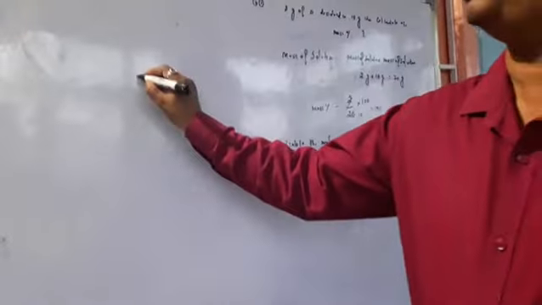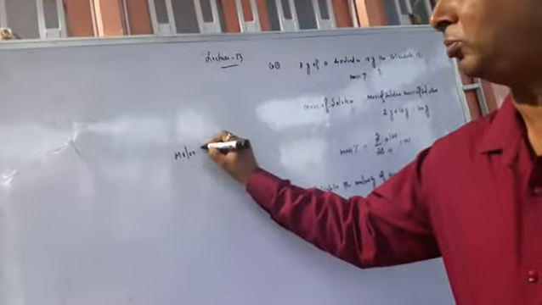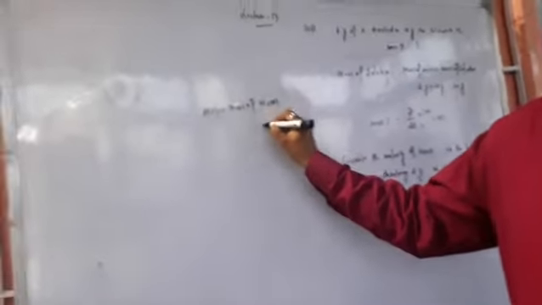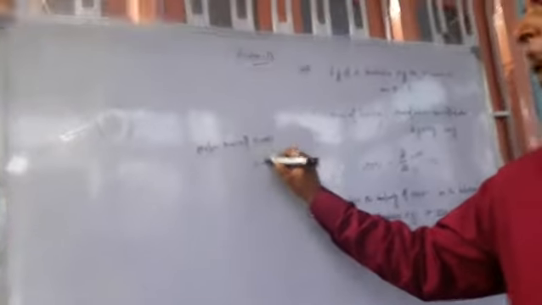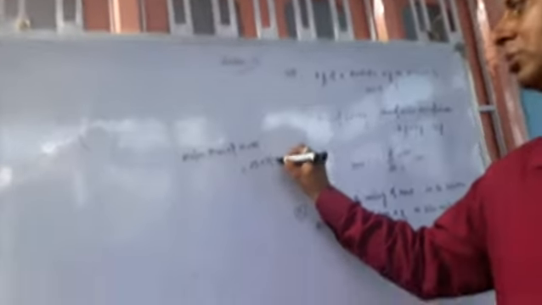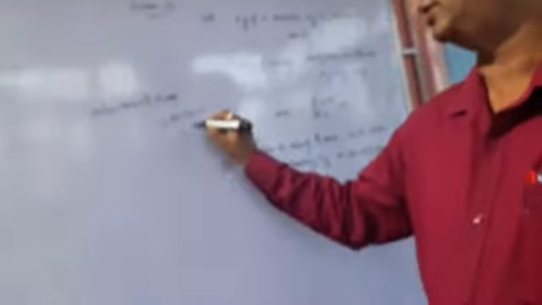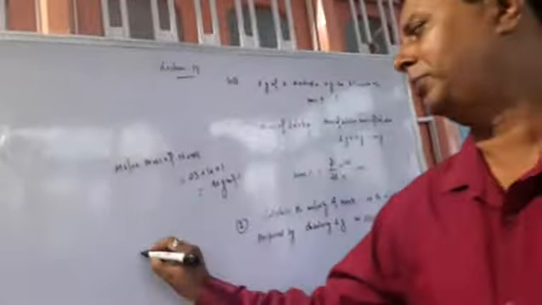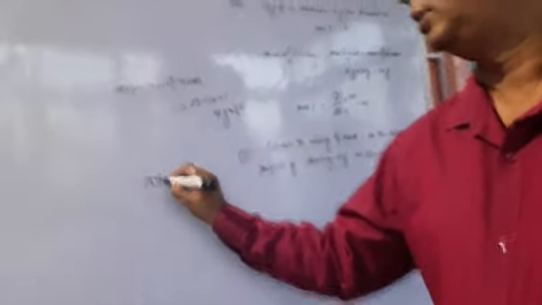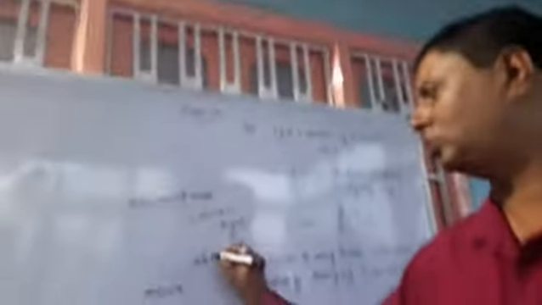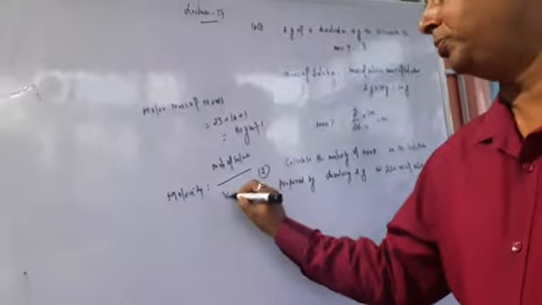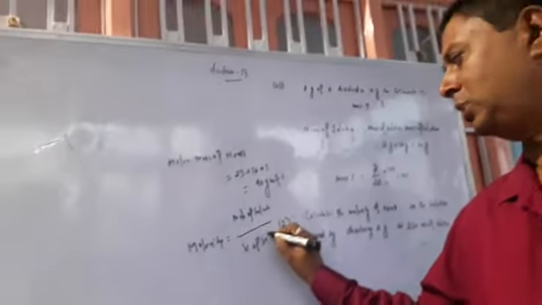NaOH, first of all, the molar mass of NaOH. The atomic mass of sodium is 23 plus 16 plus 1, that is 40 gram per mole. So now we have to find the molarity. Molarity is equal to mole of solute upon volume of solution in liter.